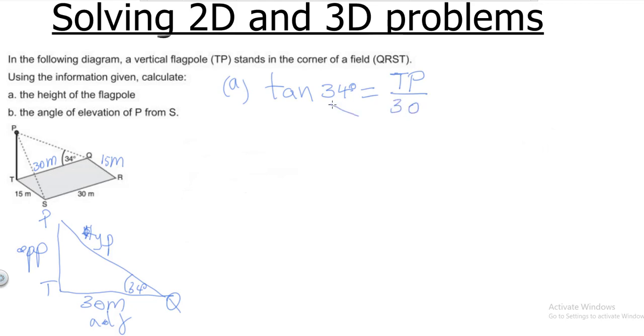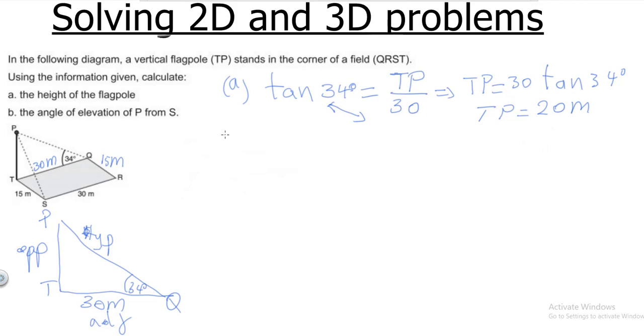So when you cross multiply, 30 TP will be equal to 30 multiplied by tangent of 34 degree. So TP equals 20 meter, let's say 20 meter. So the flagpole is 20 meter from the ground.